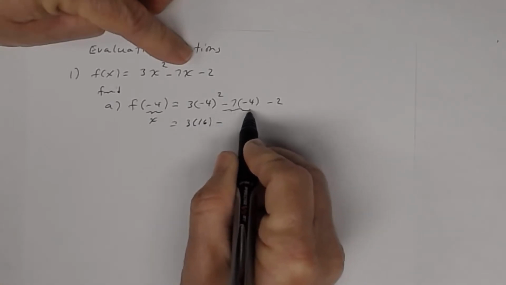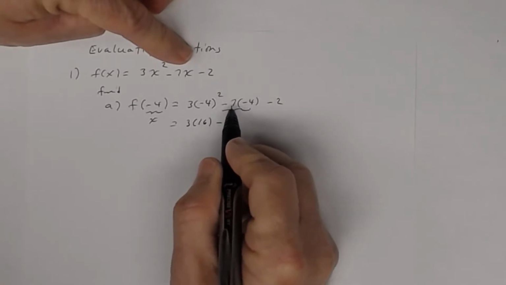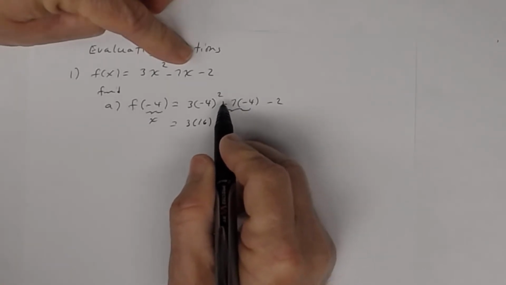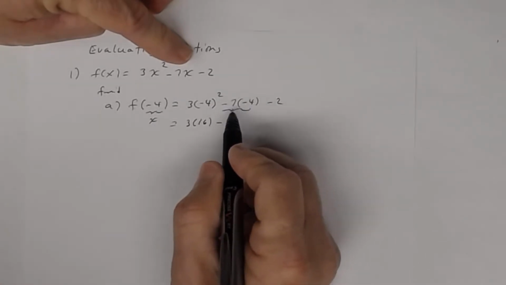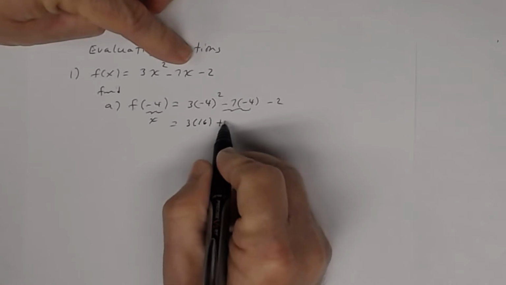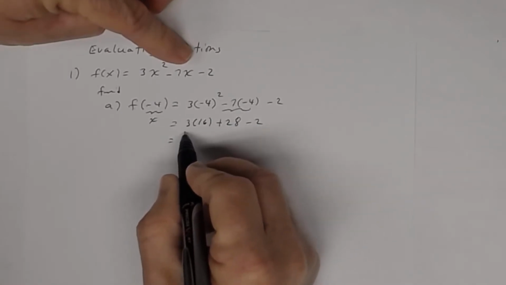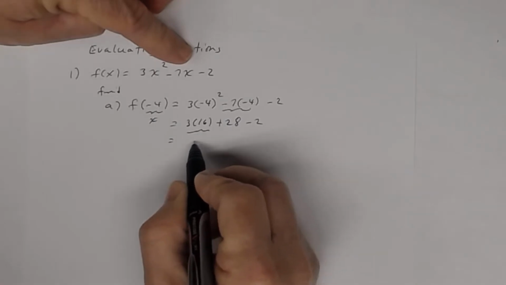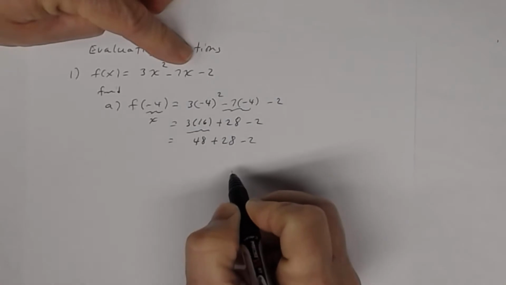Even though I'm subtracting 7 times negative 4, I can think of this as adding a negative 7 times negative 4, right? So a negative 7 times a negative 4 is a positive 28, and then minus 2. And 3 times 16 right here is 48. So I have 48 plus 28 minus 2.